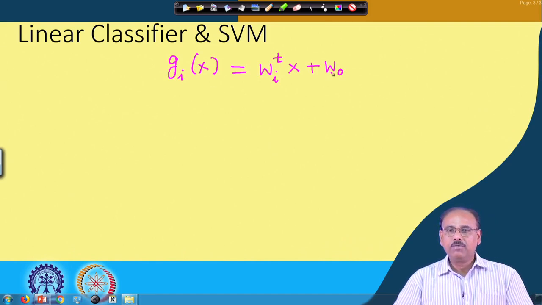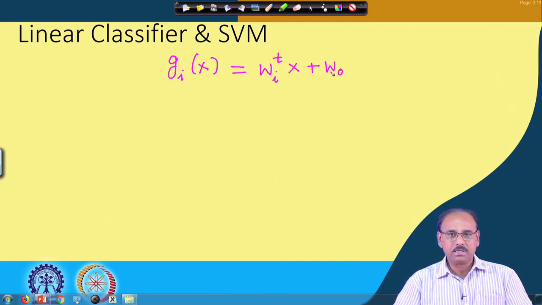Of course, if the covariance matrices of the training samples from the different classes are not the same, then we have seen that the discriminant function of the different classes does not remain linear anymore, but becomes a quadratic function.